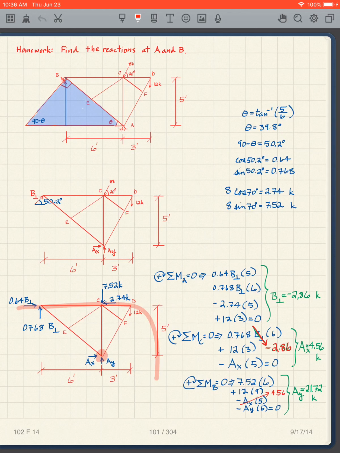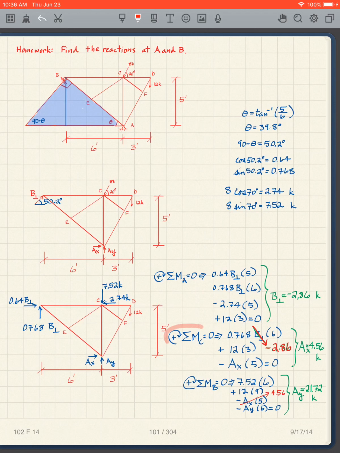Clockwise, positive. Counterclockwise, negative. Clockwise, positive. Put all that in there, solve. We get that value.